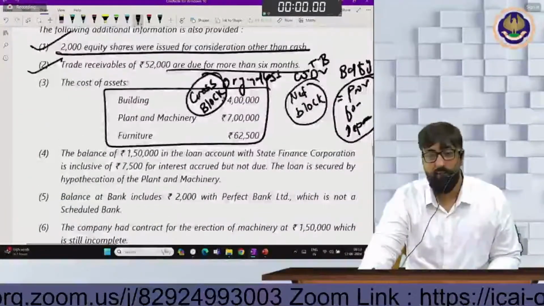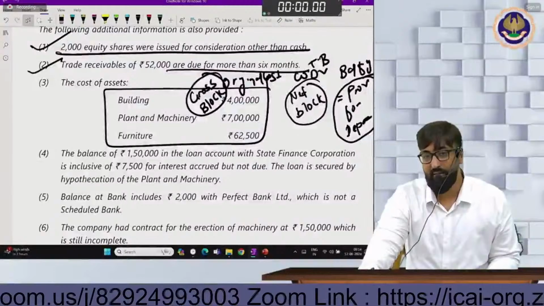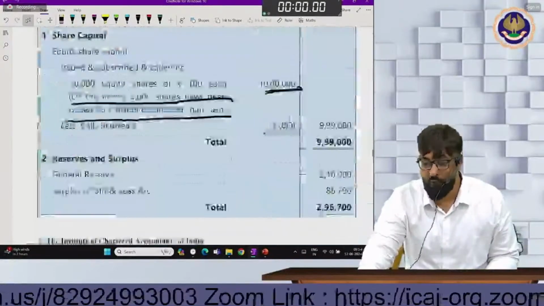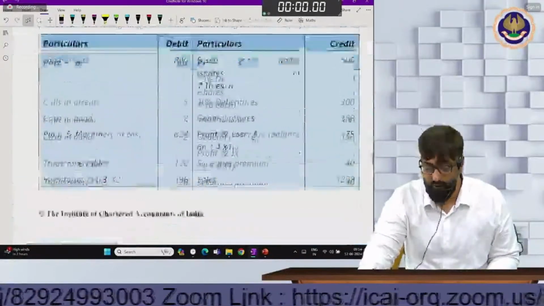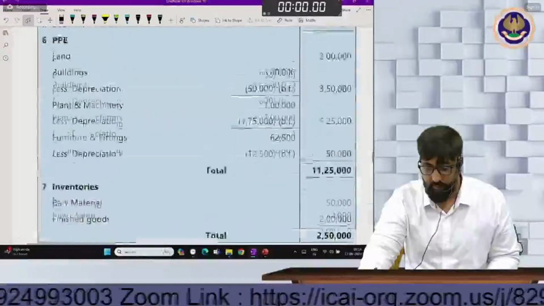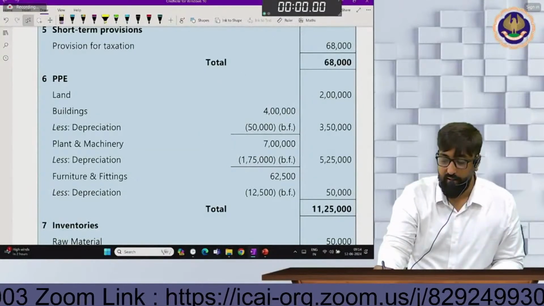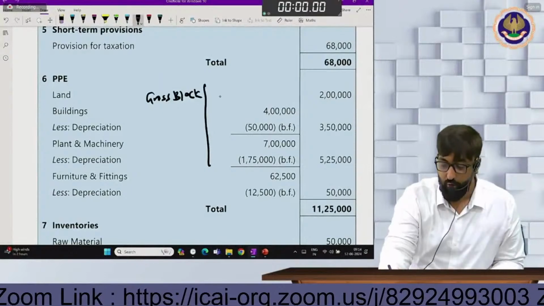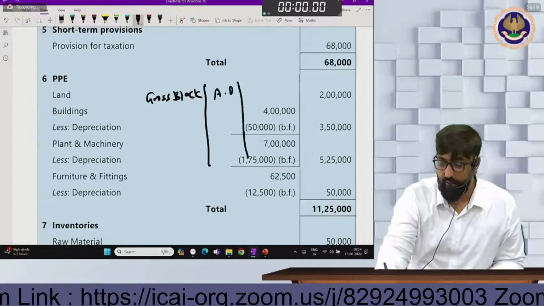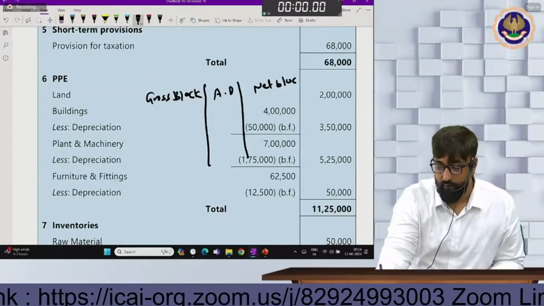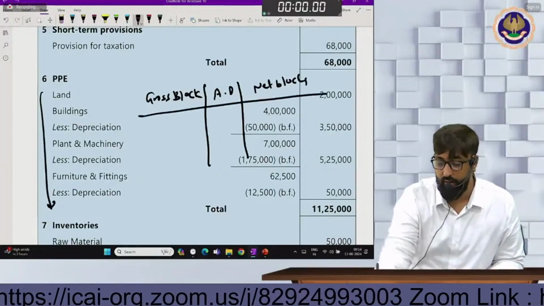After that, cost of the asset. So how are you going to present it? Gross block, less depreciation. Otherwise, the correct format is gross block, accumulated depreciation, and net block. Instead of vertical format, you can write like this.